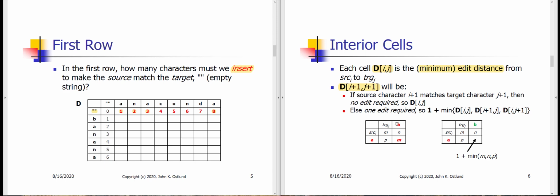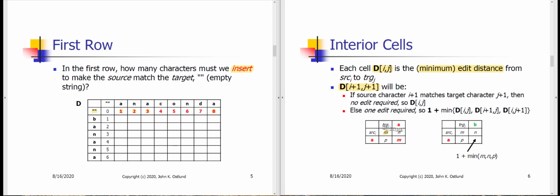Well, we have the edit distance for some source and target prefix. Let's assume that we have filled in the minimum edit distances for one additional character in the source prefix and one additional character in the target prefix.